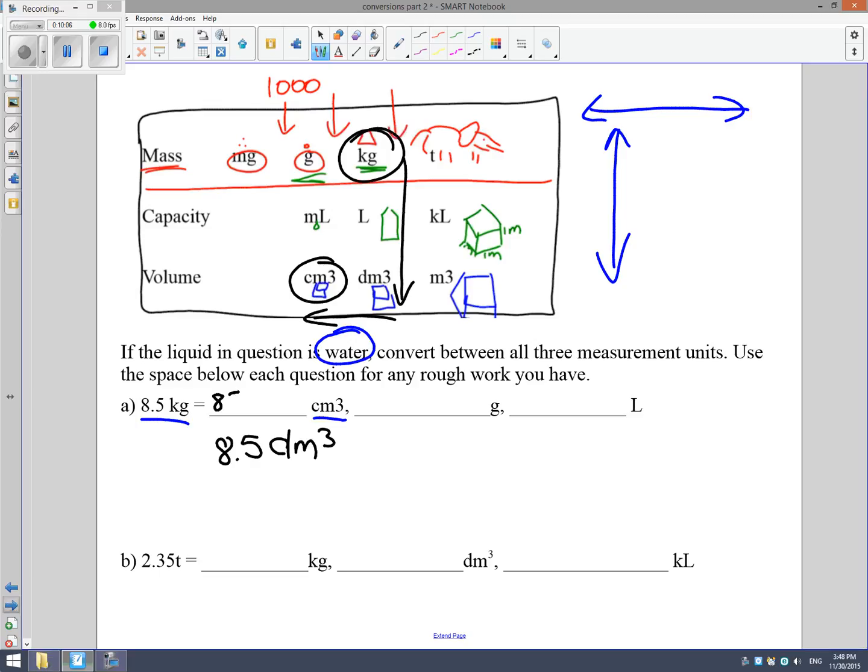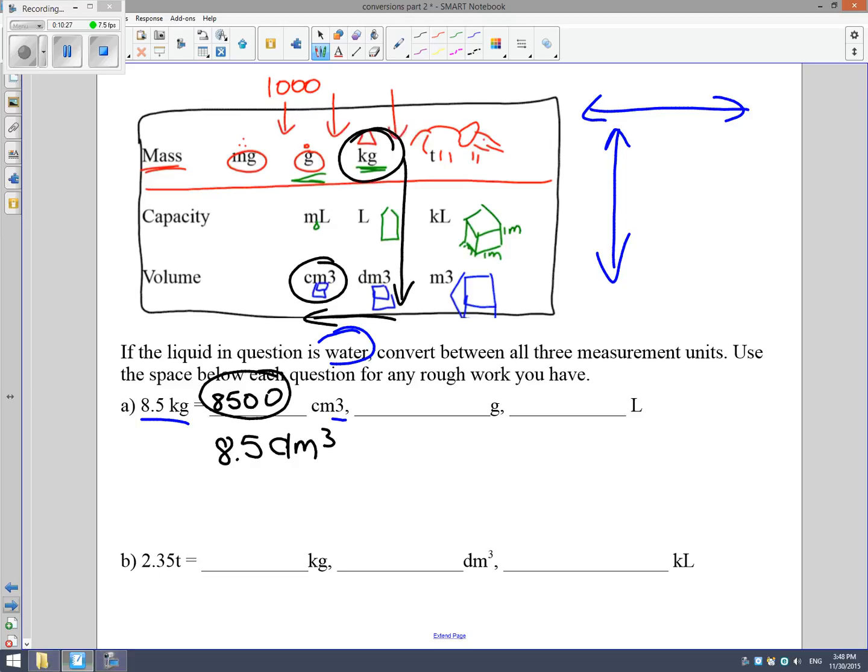So this is a multiplication question. So I went one too many zeros. Hold on. 8,500. There we go.